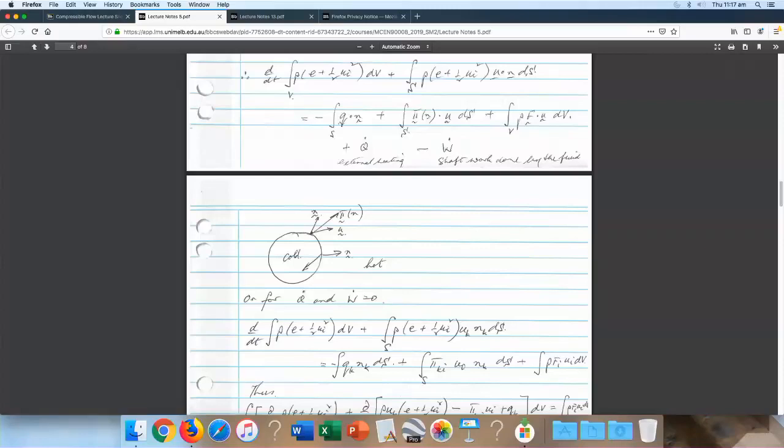It's a vector, but it does work, and you've got to be sure that you get the work done on the fluid, and so that is pi on the surface n multiplied by the velocity, or the component of the velocity, dot u. So it's the component of u in the direction of the force that does work. If there's a component of u that's perpendicular to the force, it doesn't do any work.